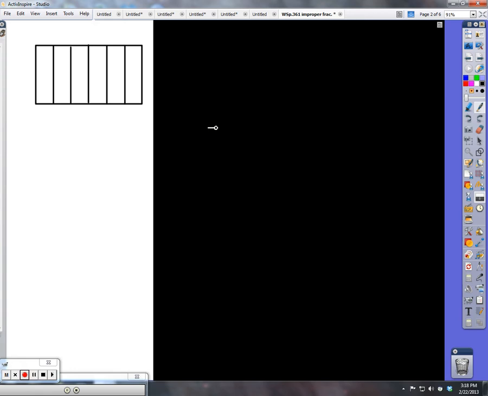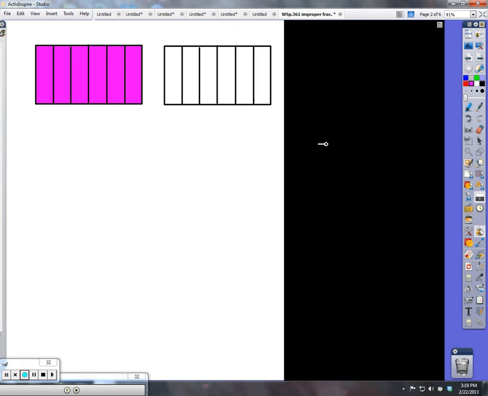So if I were to color in each one of these parts one at a time, and I only want to write the answer in a fractional form, not including any whole numbers whatsoever, then I would have 1/6, 2/6, 3/6, 4/6, 5/6, 6/6, and if I go to another rectangle, I would have 7/6, 8/6, 9/6, 10/6, 11/6, 12/6, and so on.